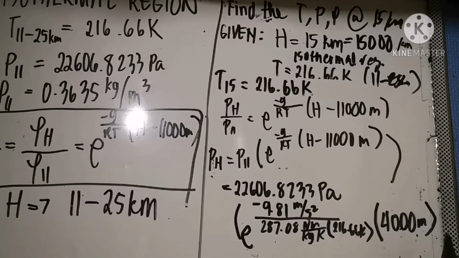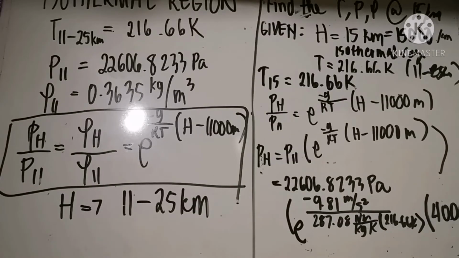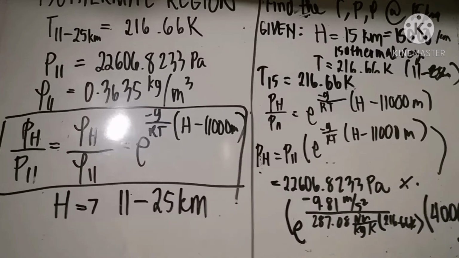So that will be our formula. Magkadugtong to, times 22,606 times your E.